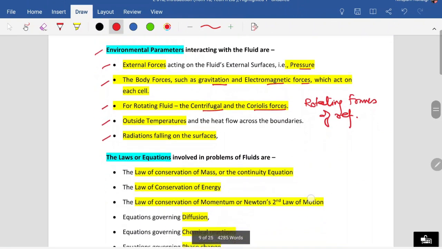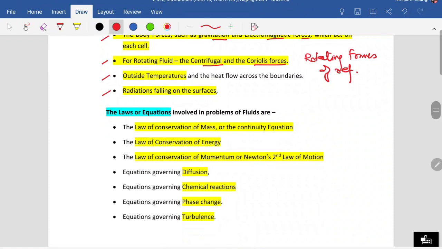Then there are laws or equations. We have to talk about all these three laws: conservation of mass, conservation of energy, conservation of momentum. And conservation of momentum has three components: x, y and z.